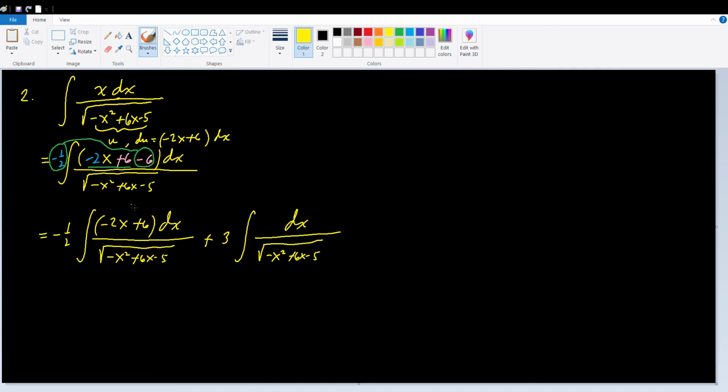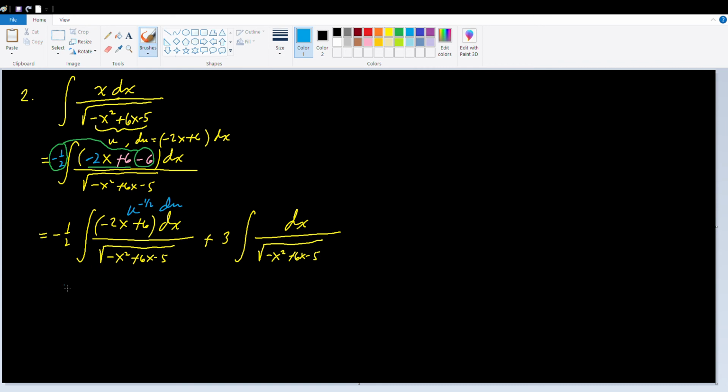So for the first integral, this now takes the form u to the negative 1/2 du, where your u is negative x squared plus 6x minus 5 raised to negative 1/2. And the quantity negative 2x plus 6 dx is our du.